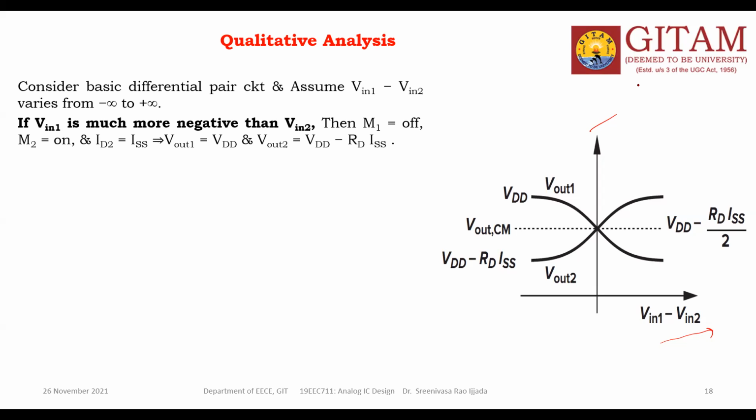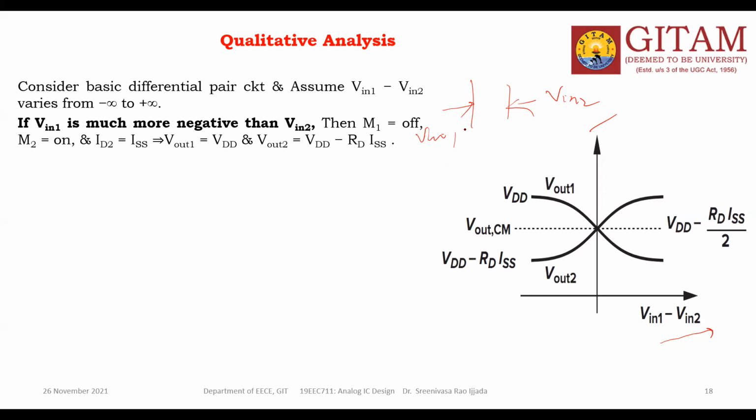If VIN1 is much more negative than VIN2, so what happens? There are 2 branches. Suppose the input of this branch is VIN1, this is VIN2.